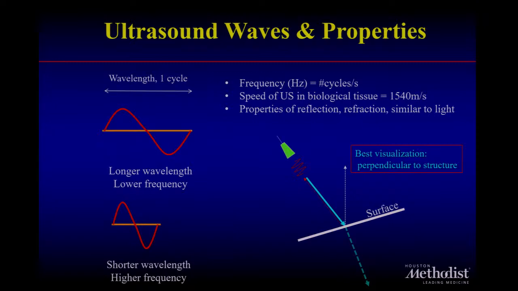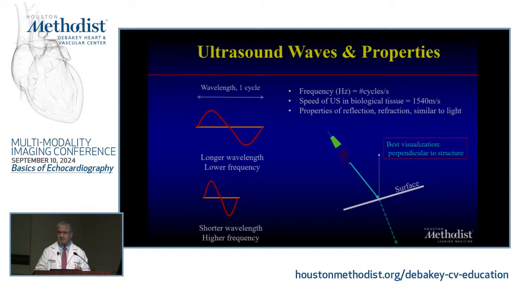A clinical example: if this is an interatrial septum, your best visualization is in a perpendicular situation to it, which is the subcostal view. The worst situation, and what you see at times, is in the far field, further away from you and parallel to it, which is the apical four chamber view.